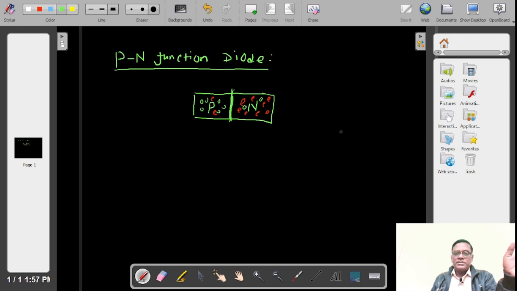If we see the structure of silicon, 1 2 3 4, this is the outermost orbit electrons. Similarly, we have another silicon structure like this.